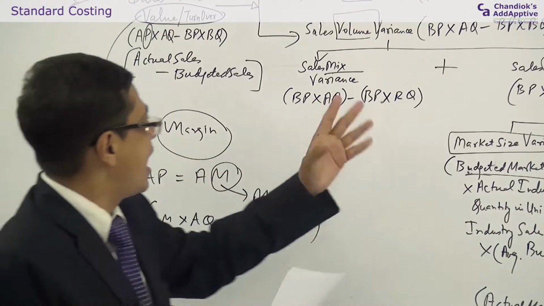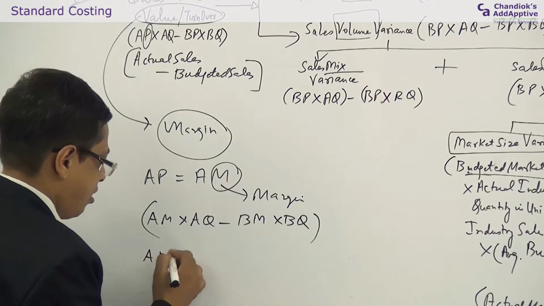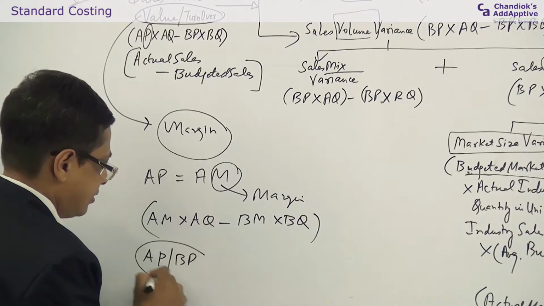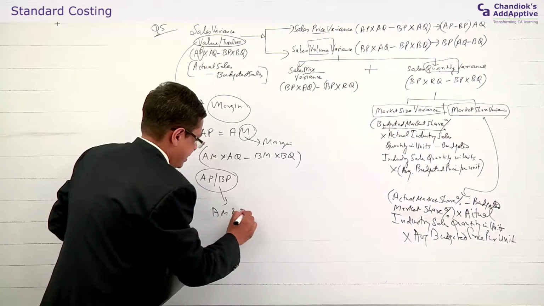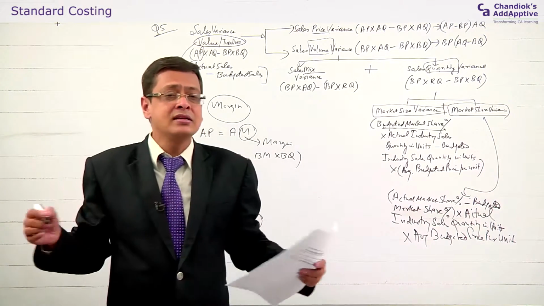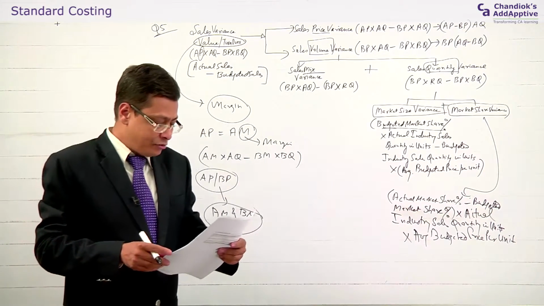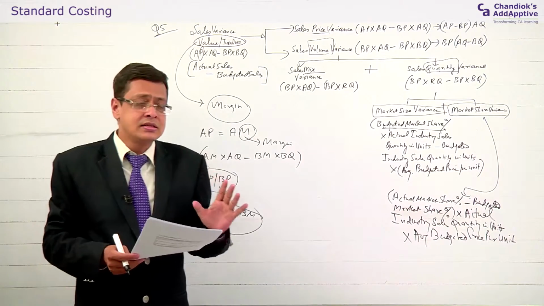So wherever you have P, whether it is AP or BP, replace it with AM and BM, actual margin and budgeted margin. So that is the change we have to bring in the formula wherever the changes are.